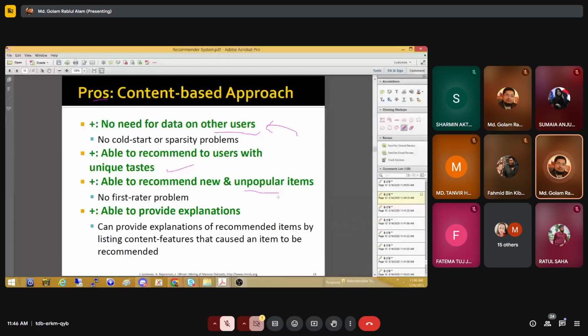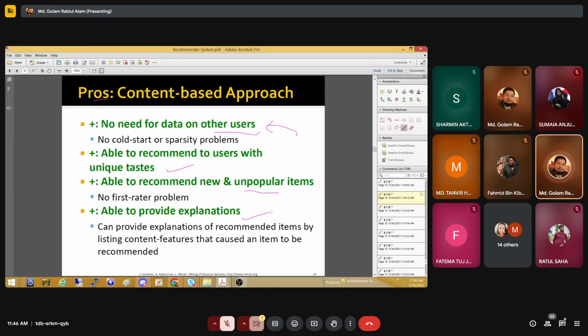What we need is just to find the features of the items, and based on those features find the similar items, and based on the similarity recommend similar items to the users, maybe those he liked previously. So even if it is a new item, we can apply content-based recommendation systems on it, and able to provide the explanation.